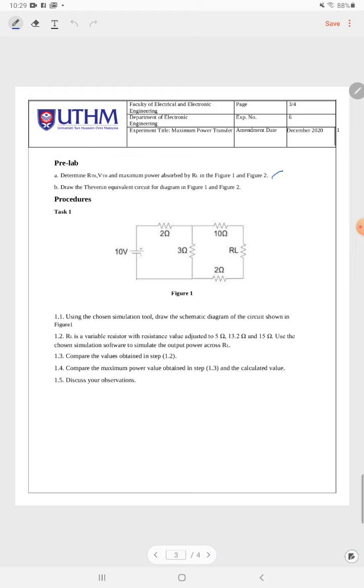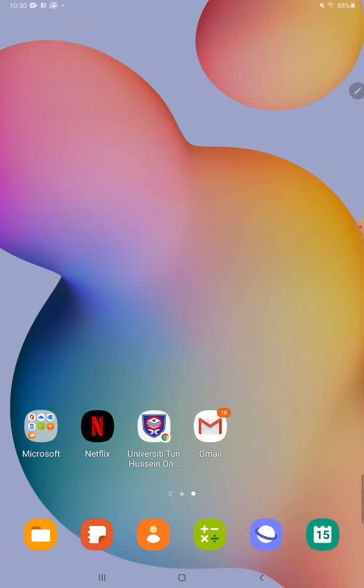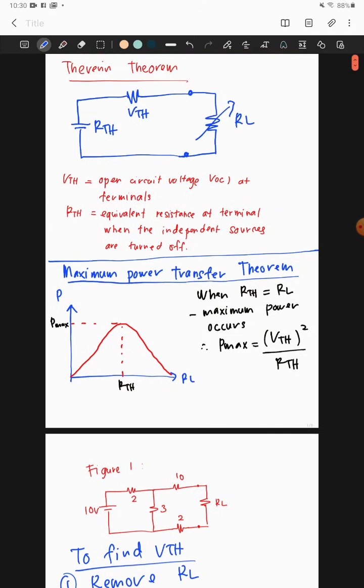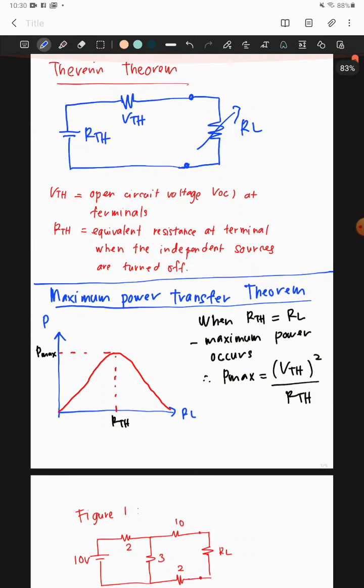Okay, I will show you how to calculate RTH and VTH. As I mentioned in the previous lab, the Thevenin theorem is a theorem where we simplify the circuit.